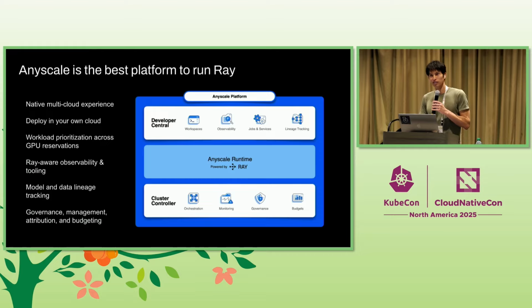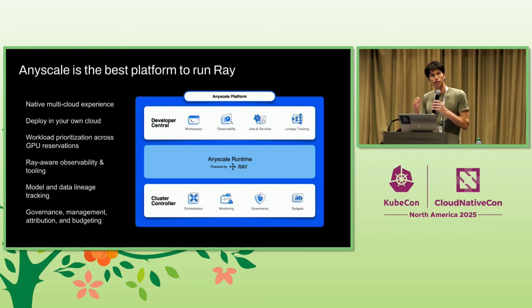Last thing I want to share is that we started Anyscale as a company in 2019 to commercialize Ray and continue developing Ray. And Ray solves a lot of the challenges for running the workload in the cluster. What we've been focused on at Anyscale is a lot of the stuff you need to build around Ray to run it in production, right? So providing a native multi-cloud experience, right? Being able to deploy in your own compute or on any Kubernetes cluster, right? Being able to do that kind of workload prioritization where you can shift GPUs between training and inference.